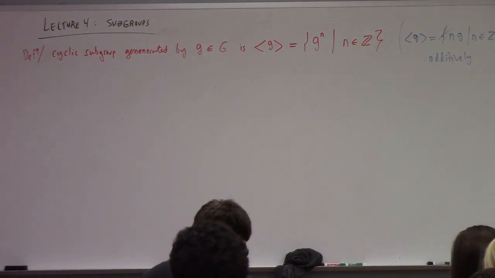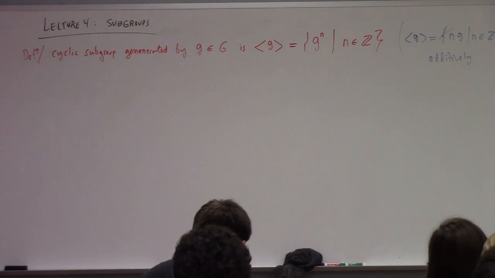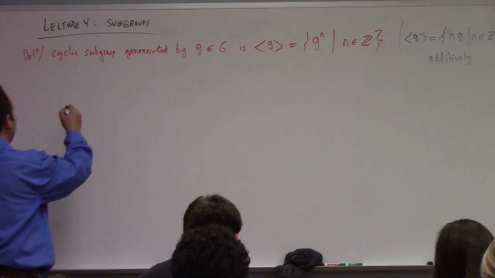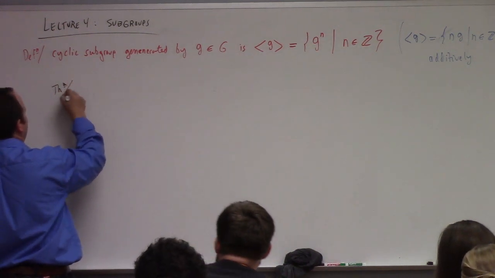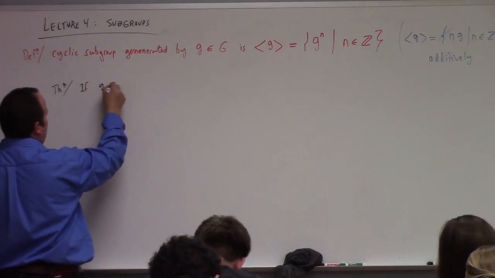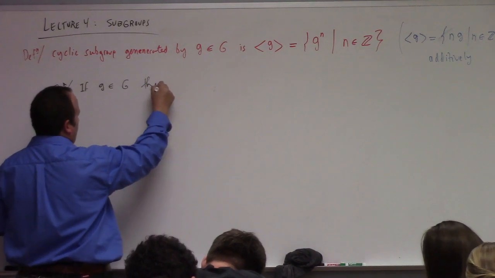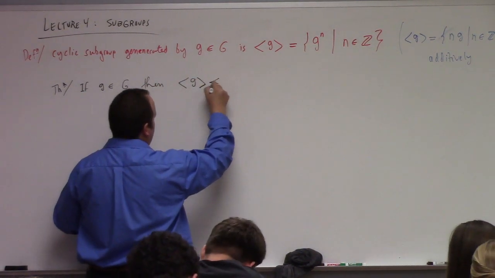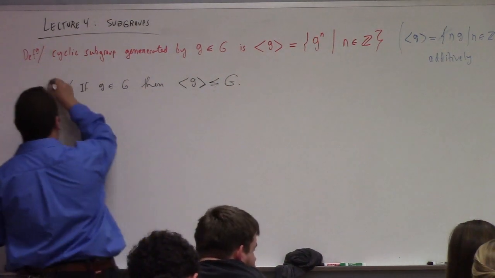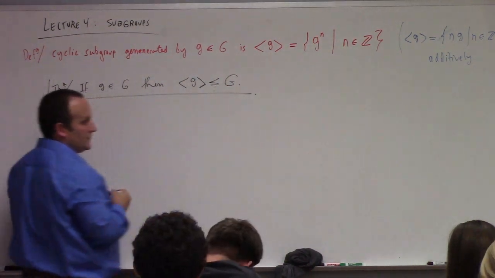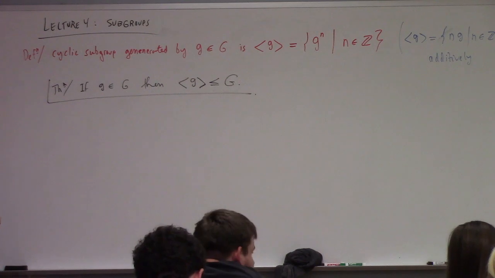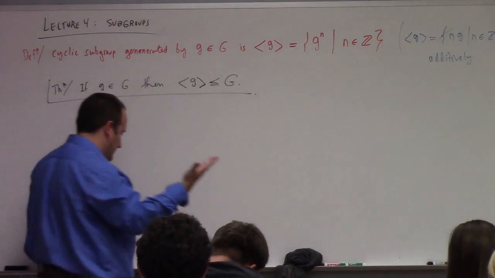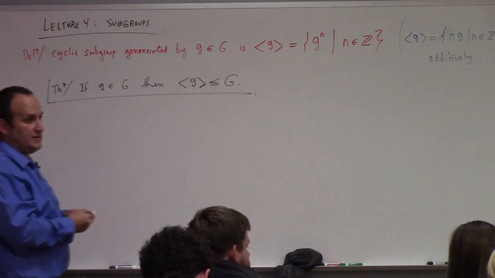Of course, this would be a rather poor choice of name if it wasn't actually a subgroup, right? So theorem: if g is in G, then the cyclic subgroup generated by little g is, in fact, a subgroup of G. We can prove this pretty quickly using the one-step subgroup test, I think.